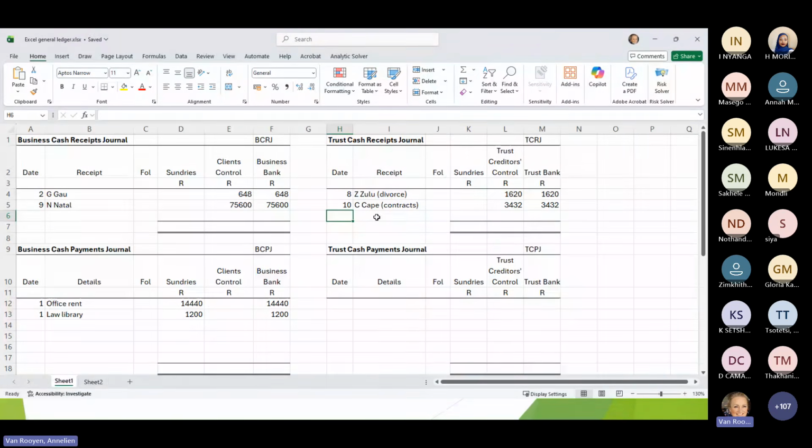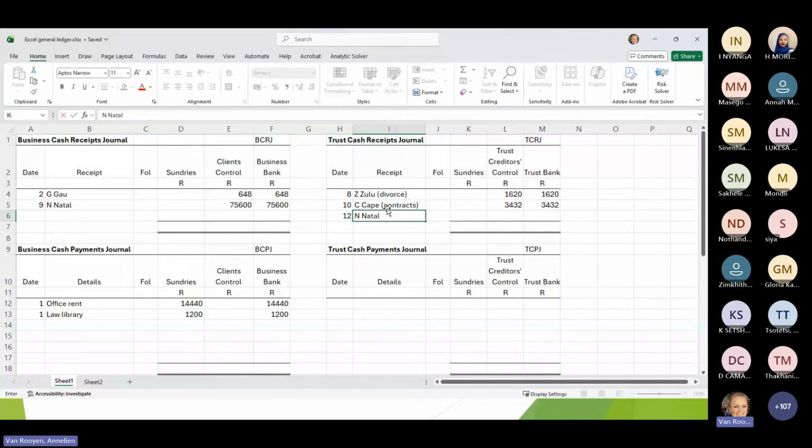We're not Natal. Natal is our customer. We are Africa Attorneys. So Natal pays us on the 12th for a third party case.